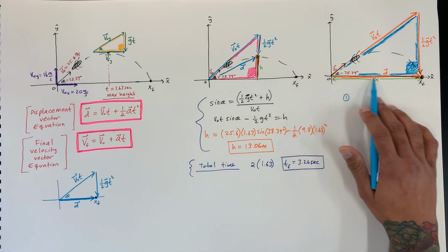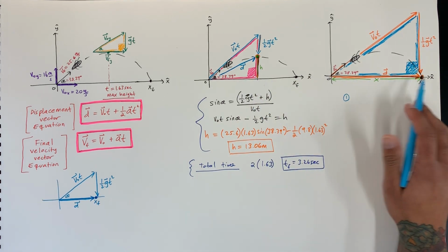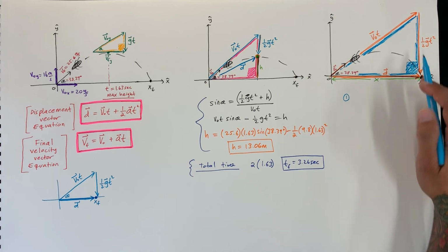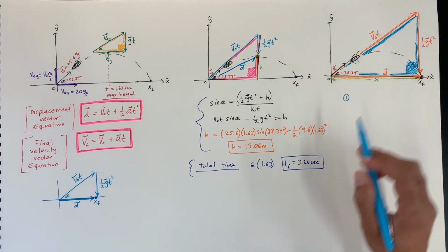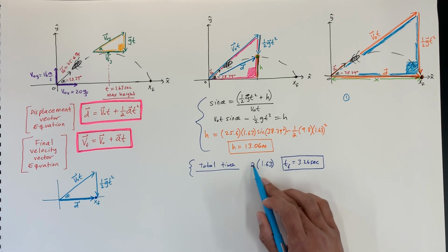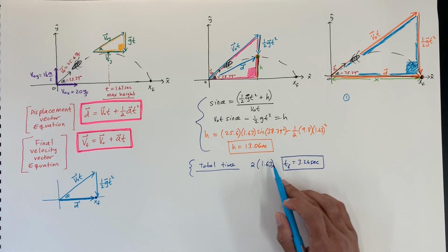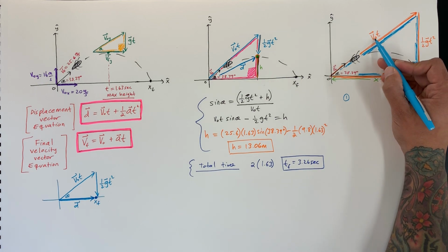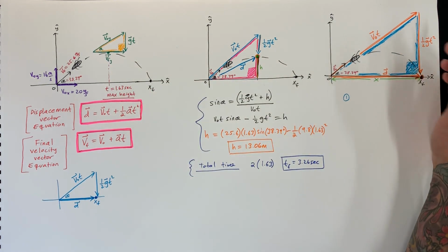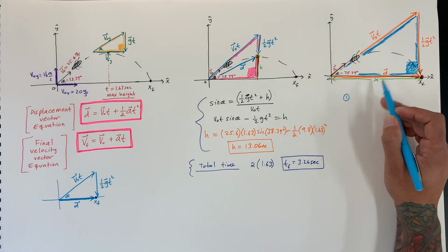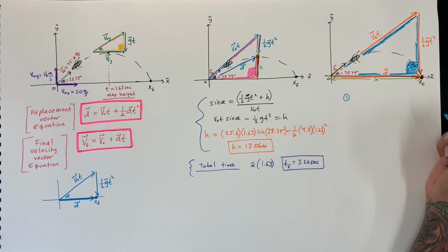We don't have the value here either, but we do have the values of this side and this side, because we know the time final. All we did was double up the time at maximum height. We know gravity, we know the initial velocity from the previous video, and so we have everything over here. We just don't have this. So now it's convenient to use tangent or cosine.